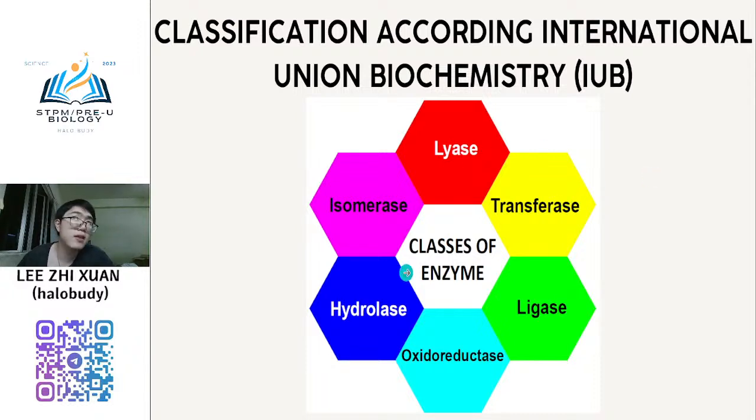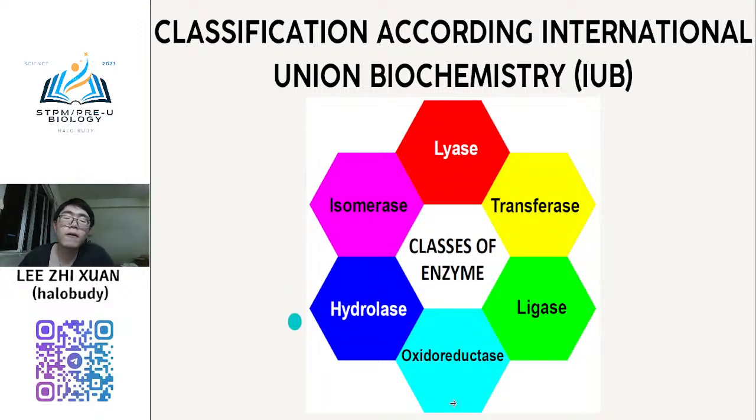But your MPM syllabus took the syllabus from 2012, so at that time there were only 6 types. Nowadays there are already 7, but for STPM we just follow the MPM syllabus, which says 6.